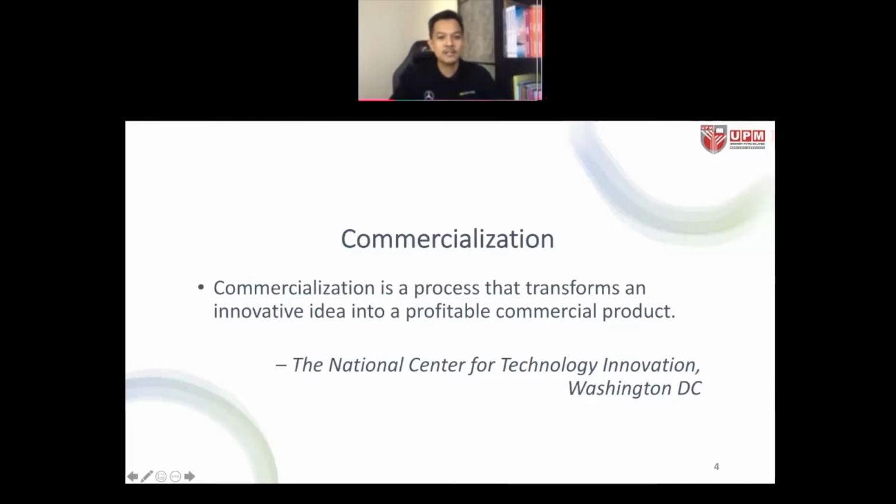The first one is from the National Center for Technology Innovation, where they define commercialization as a process that transforms an innovative idea into profitable commercial products.